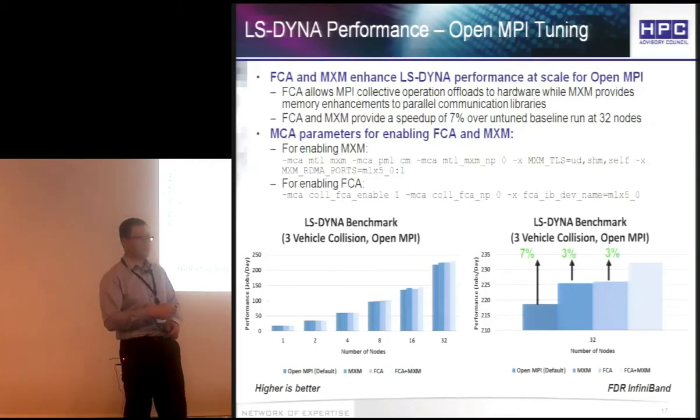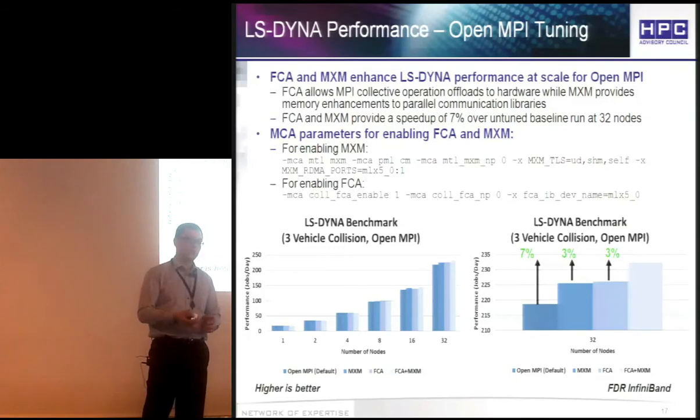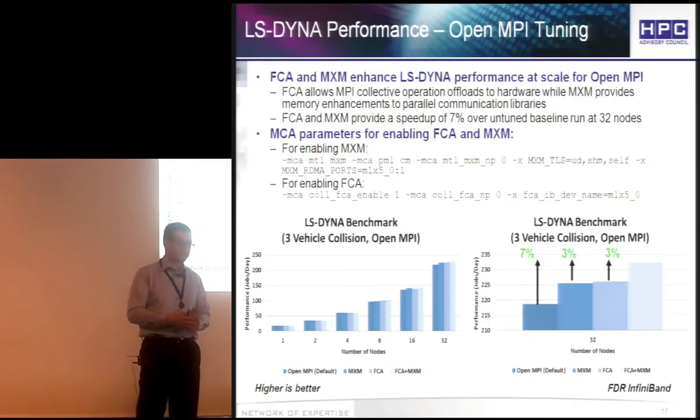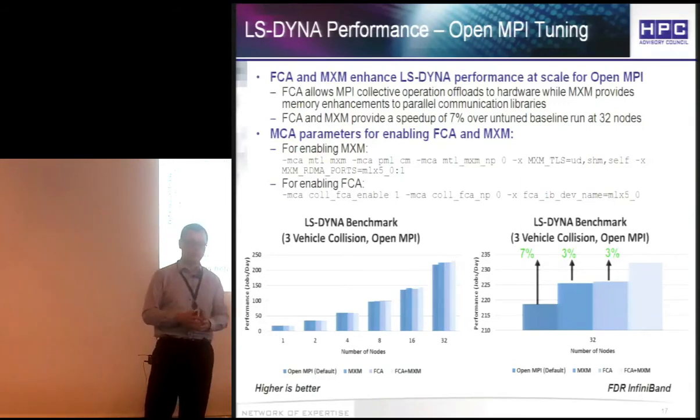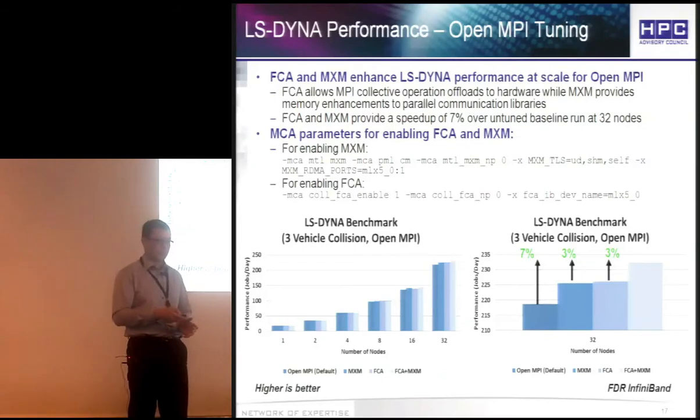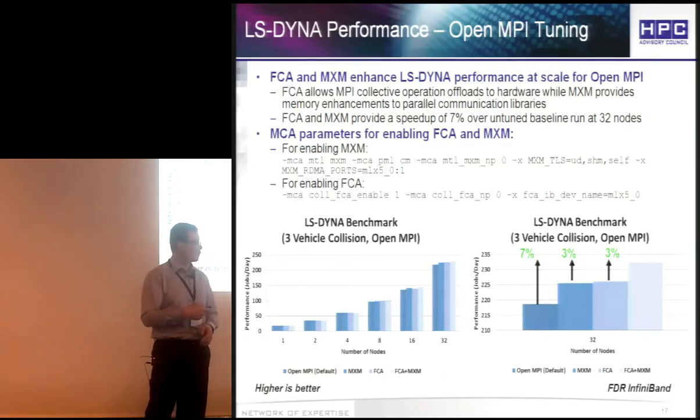Here we're using UD, the unreliable datagram, for messaging. With those two acceleration software being used, we see a much better performance improvement at 32 nodes.